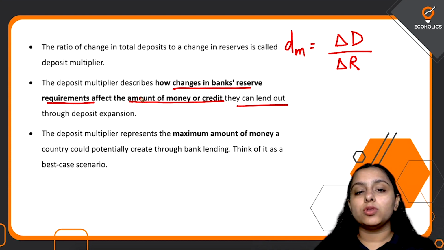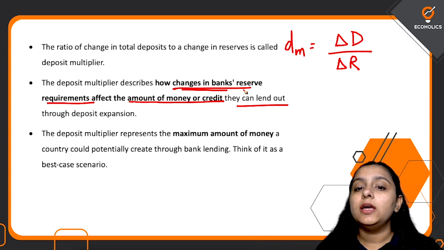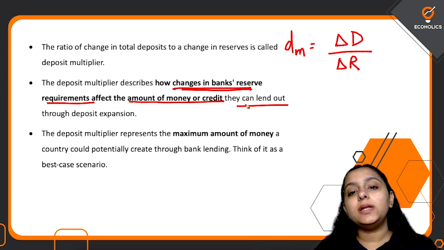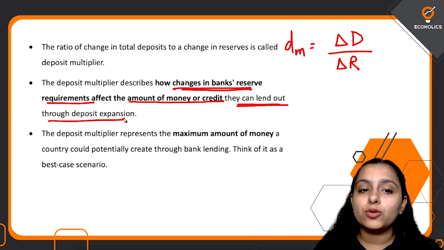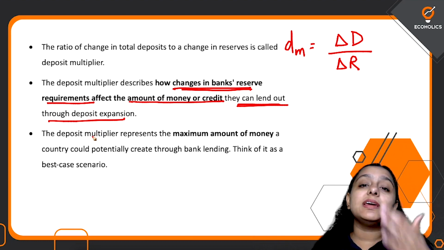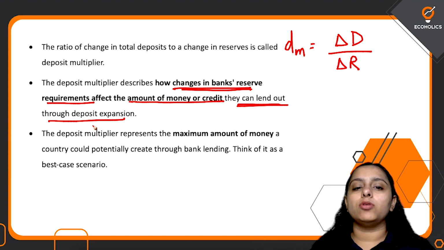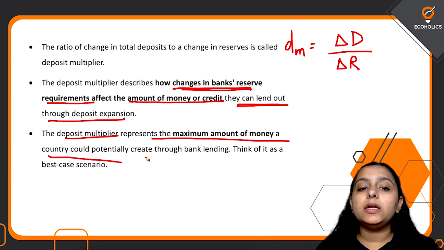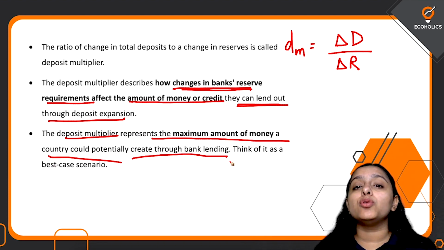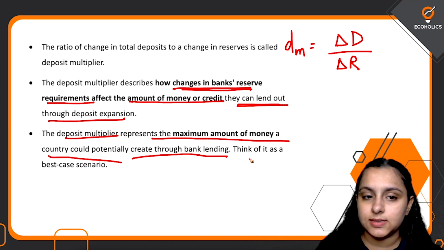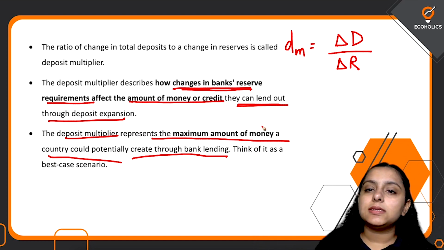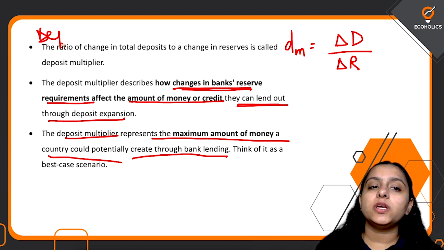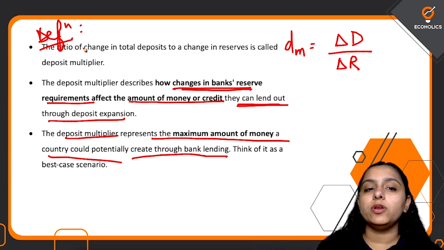They were increasing deposits for lending out the money. So the deposit multiplier represents the maximum amount of money a country could potentially create through the credit creation process. Correct? That is the definition of the deposit multiplier, and that's how you are going to define it.